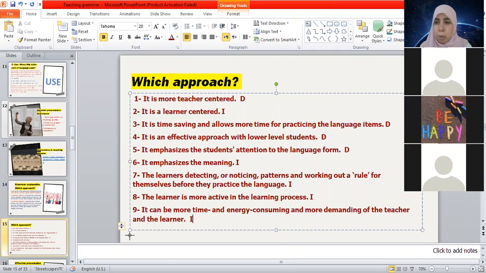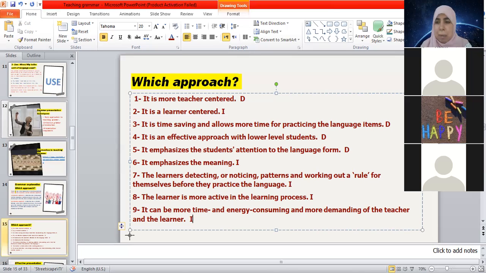While teaching the form, you can use the deductive approach, but while teaching the meaning, you use the inductive approach. Both of them have advantages and disadvantages, so I can't say that the deductive way is the best or the inductive way is the best.